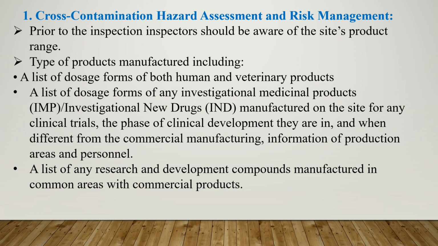This sentence is given in the PICS guideline, and it is very important because when the auditor goes for an audit, they should know about the product range of the inspected site, like the types of product manufactured, including the list of dosage forms, both human as well as veterinary if they are manufactured, the list of dosage forms of any investigational medicinal product or investigational new drug product, and the list of any research and development compounds manufactured in the same area as commercial products.